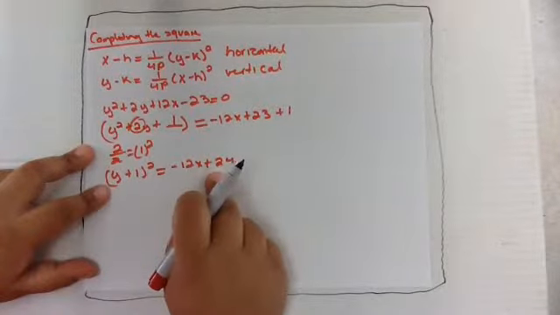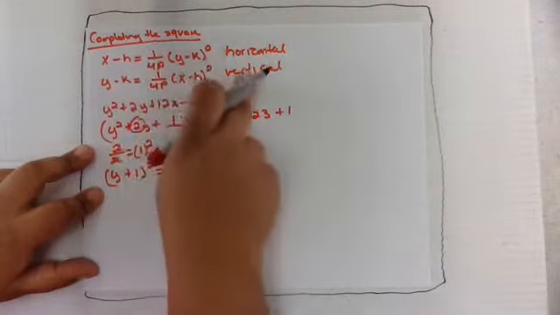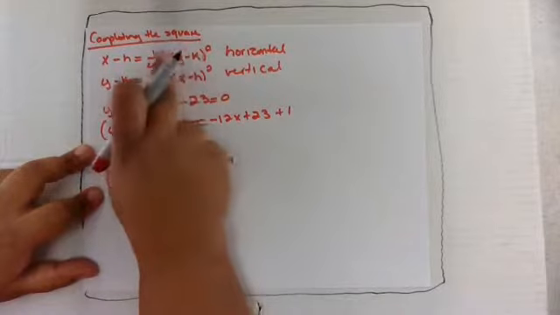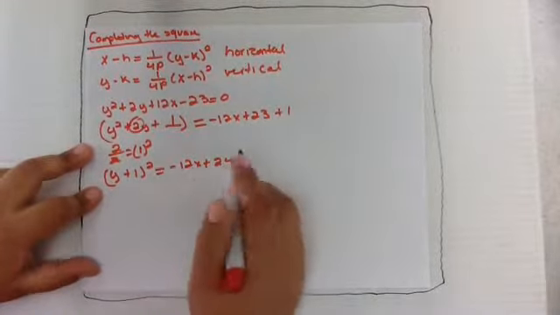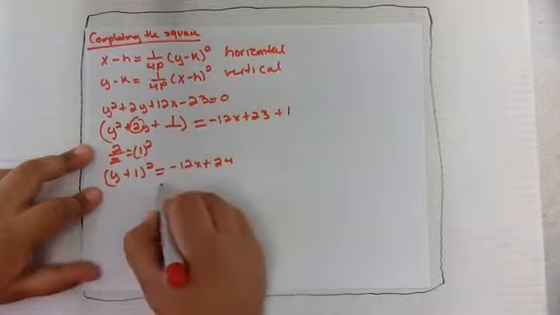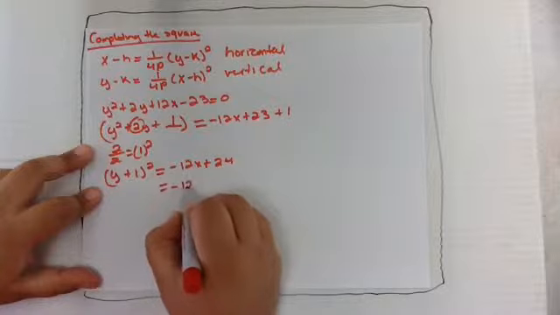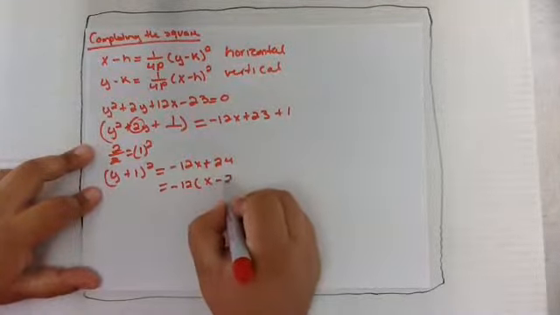Well, this one looks like a horizontal parabola. So we want to get it to the point where it looks like the horizontal standard equation. So what I want to do is factor out a negative 12 from this side. So I'm going to factor out a negative 12 times x minus 2.